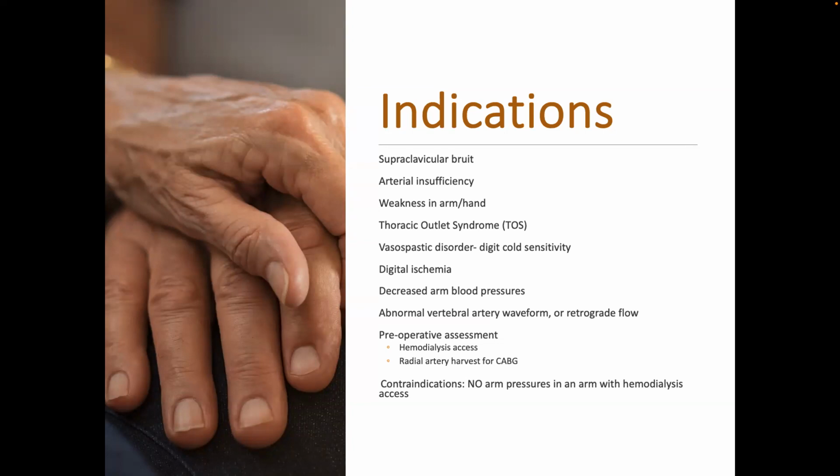Decreased arm blood pressures, any abnormal vertebral waveforms or retrograde flow. There are contraindications though. You should not take arm pressures in an arm where a patient has hemodialysis access ports, because that's just gonna cause a lot of complications.